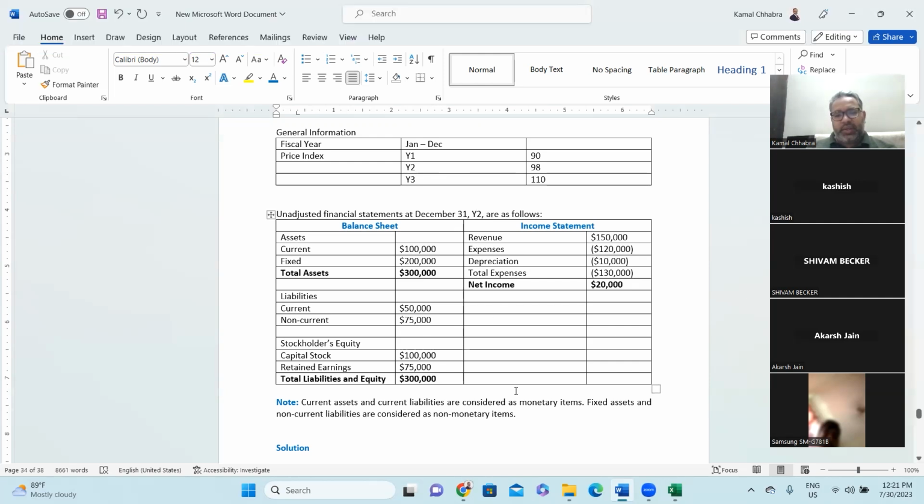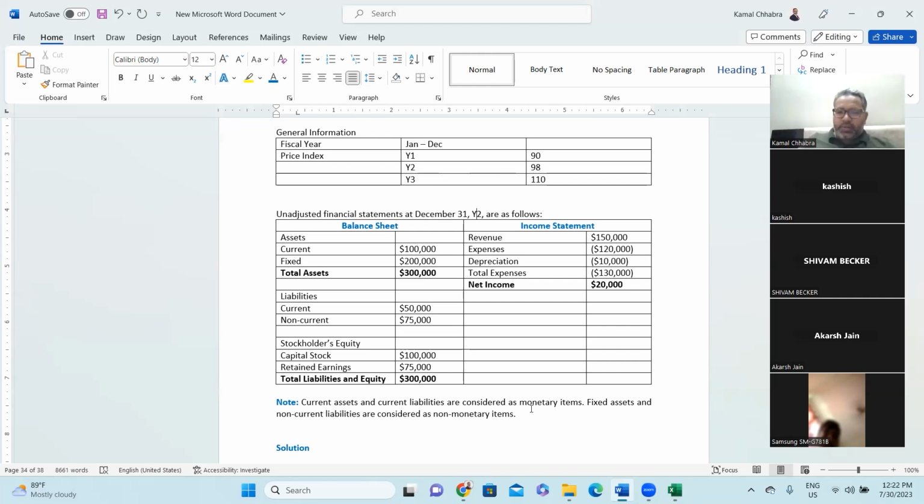Current assets and liabilities are considered monetary items, like we have discussed earlier. Current assets and current liabilities, which are convertible into cash within 90 days, are considered monetary items. Fixed assets and non-current liabilities are considered non-monetary items.